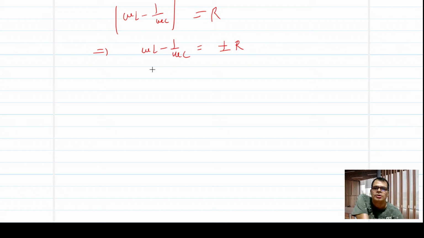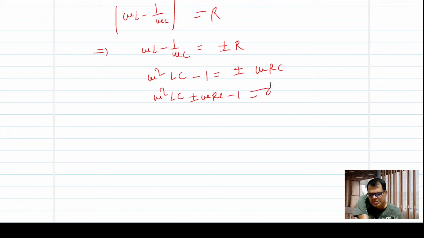So this is omega square LC minus 1 equal to plus minus omega RC. So omega square LC plus minus omega RC minus 1 equal to 0. So omega square plus minus, just take LC common, R by L omega minus.